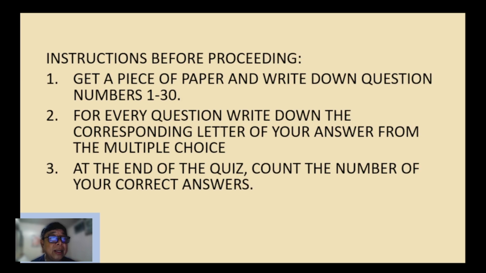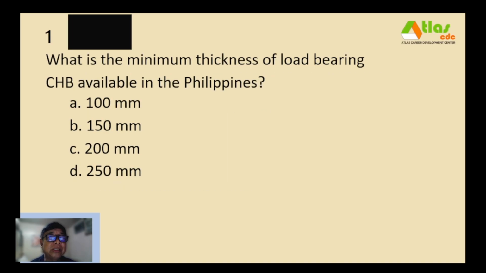And at the end of the quiz, count the number of your correct answers and check in what category your score belongs, so that you see if your score is okay or if you still need plenty of review. Okay, so we now start.